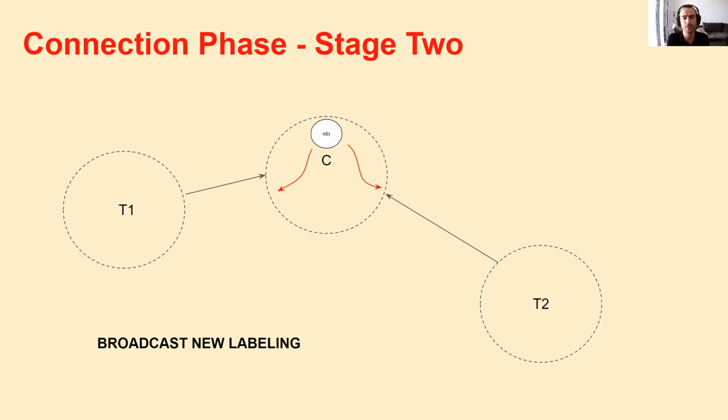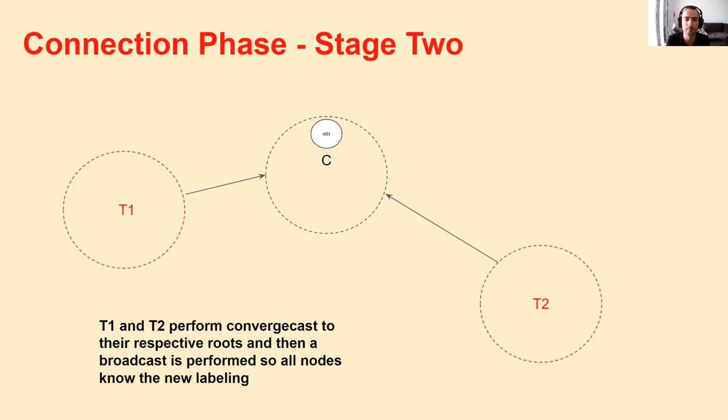And this needs to be propagated. It propagates down C. We do another wake up to the entire graph, and T1 and T2 receive this new labeling, and they actually become part of C now. They became one DLT along with C. So all three blobs are now a legit DLT.